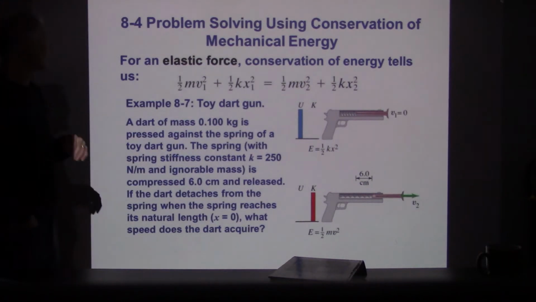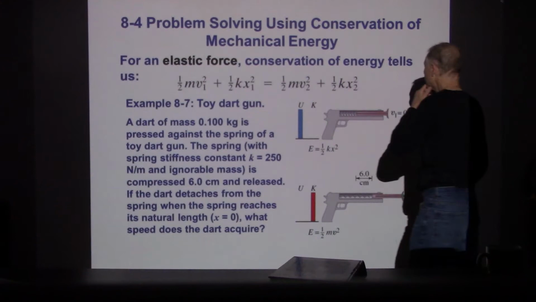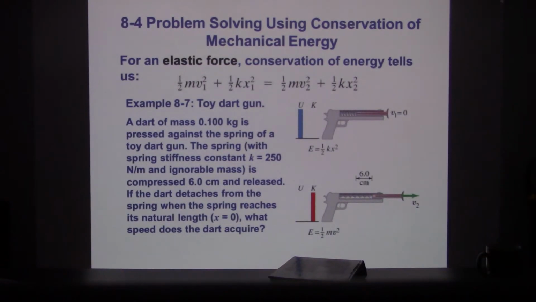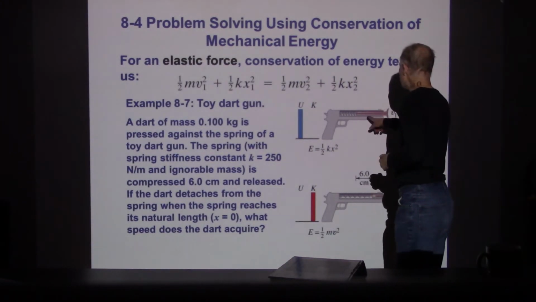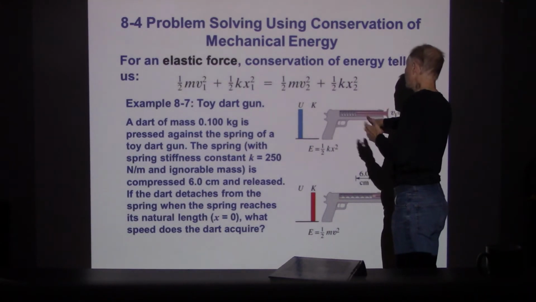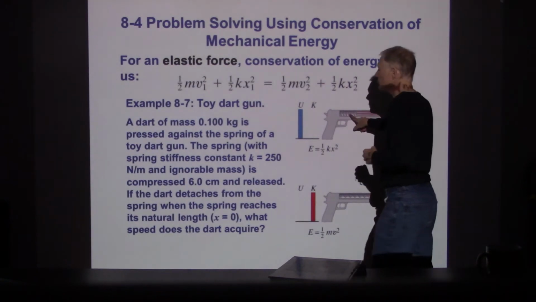So let's bring in springs. We had also looked at springs and how the energy is stored there. What we have here is a dart gun where we push a projectile into this device and we store up energy in a spring.